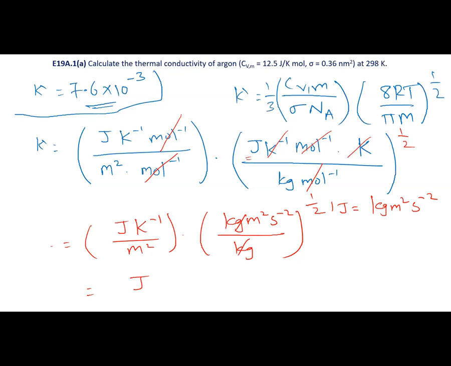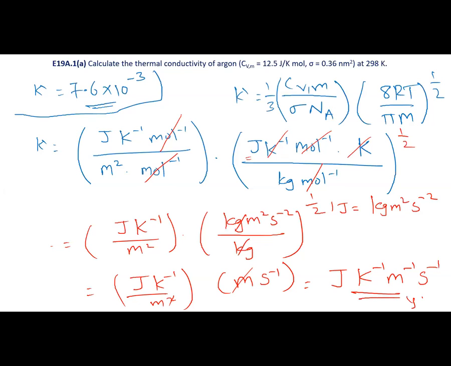This becomes joule per Kelvin over meter squared, and this entire term becomes meter per second because of the power. So 1 m here gets cancelled with 1 m. So the overall units become joule per Kelvin per meter per second. These are the units for the thermal conductivity kappa.